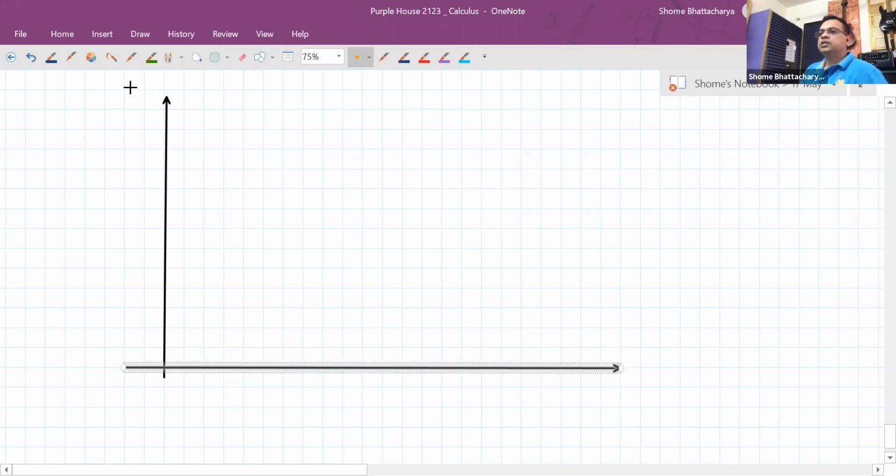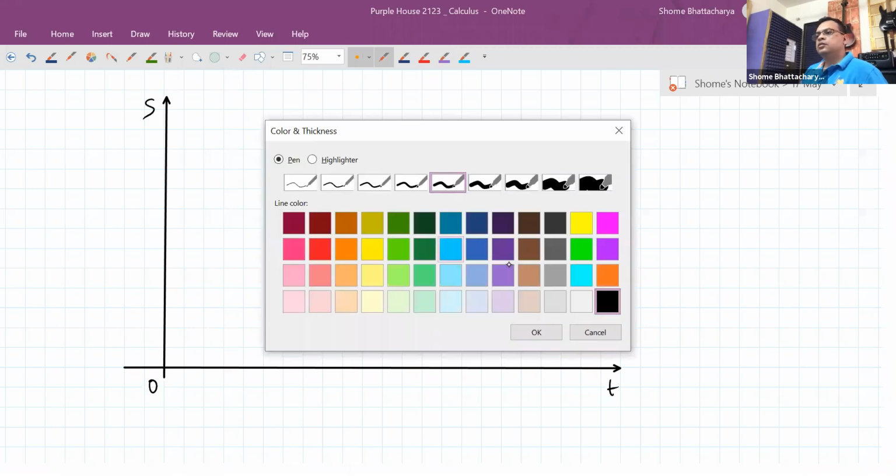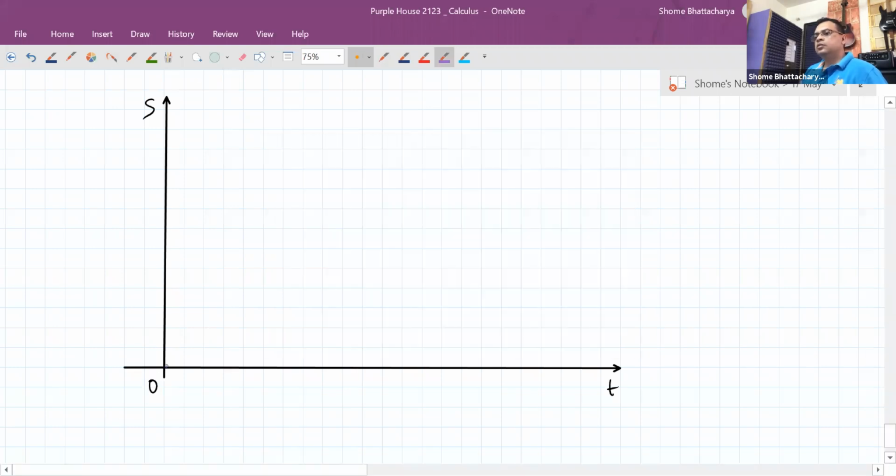So in the graph, let's see what that looks like. So if I have this type of graph, as you can see, it is a distance-time graph for a non-uniform motion.